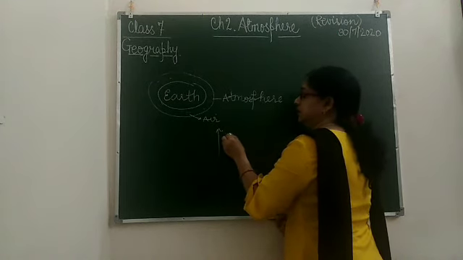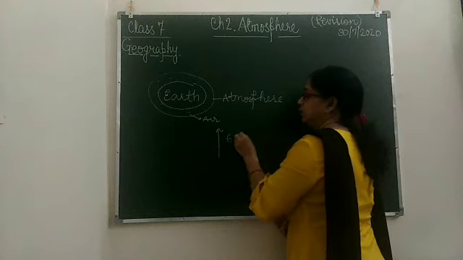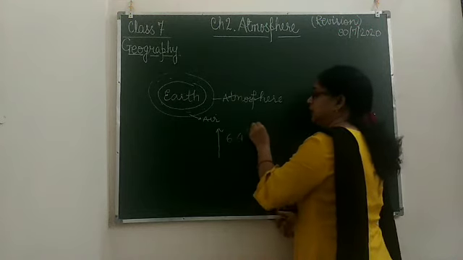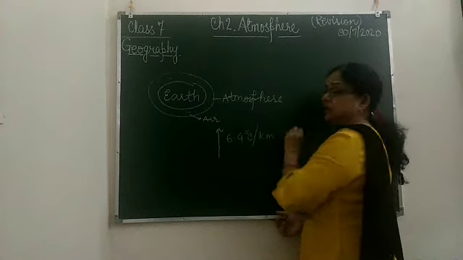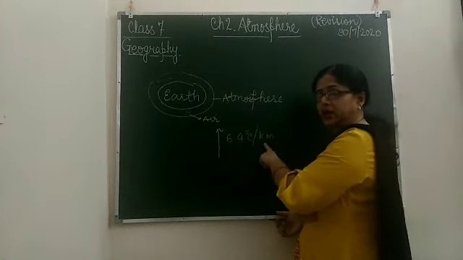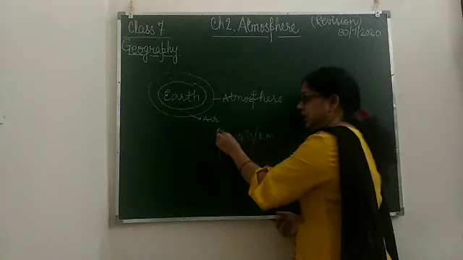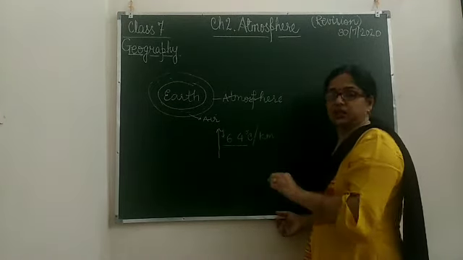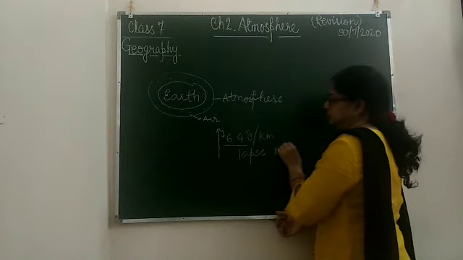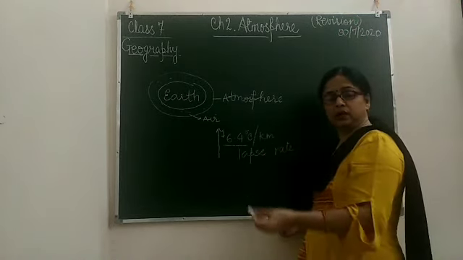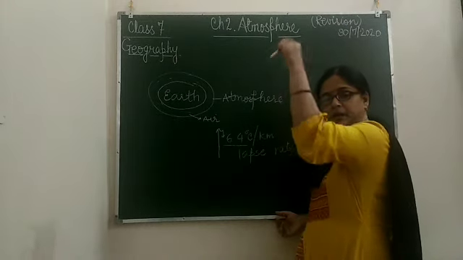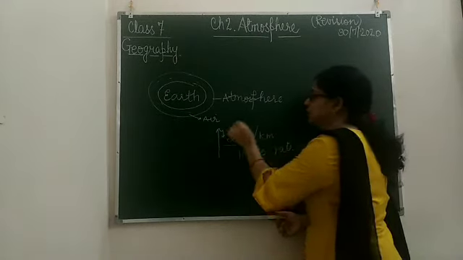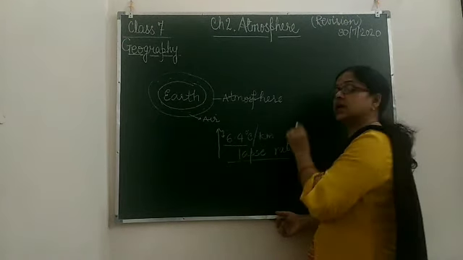The temperature decreases at 6.4 degree centigrade per kilometer. Each 1 kilometer, the temperature decreases about 6.4 degree centigrade, which is called lapse rate. When the height increases, temperature decreases, and this is called lapse rate.